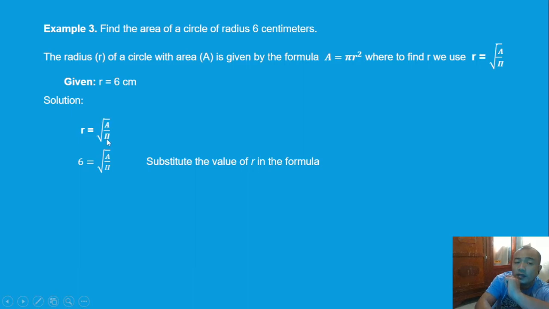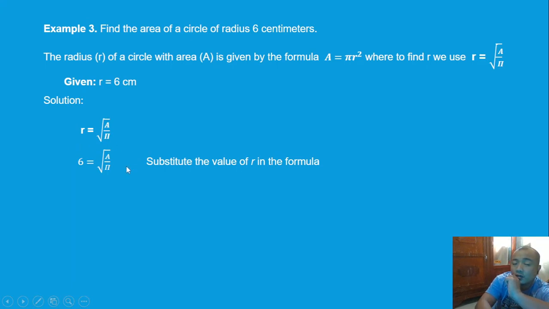Okay, so the formula is square root of a over pi. Then substitute, what is r? 6. That's the radius of the circle, 6 centimeters. Square root of a over pi. And then this is now what we call a radical equation.